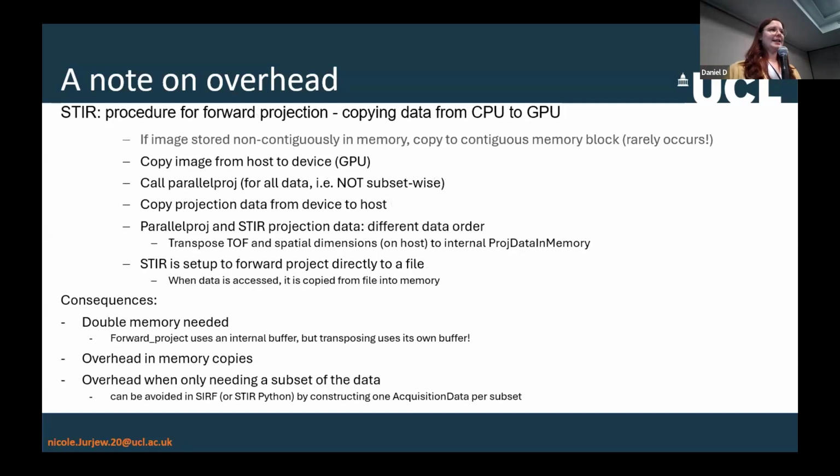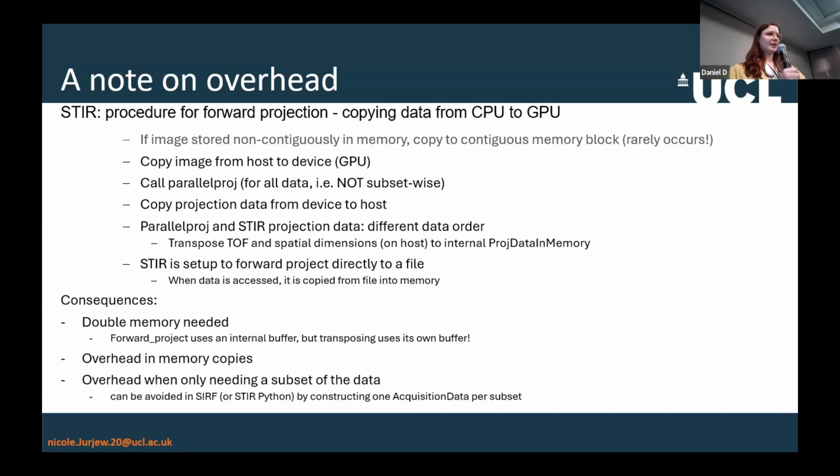The projection data is then copied from the device to the host. And then Parallelproj and STIR projection data use a different data order. STIR groups by time of flight bin first, and Parallelproj groups by time of flight bin second.